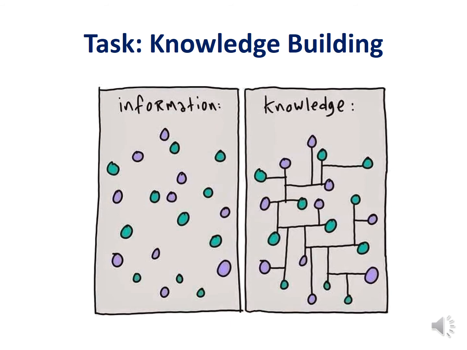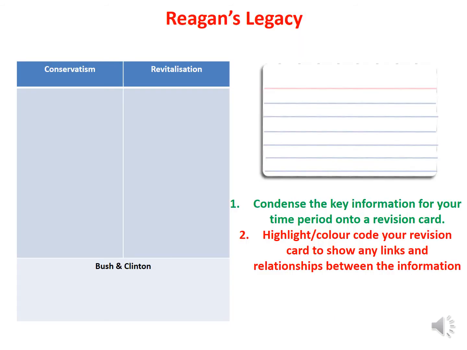And first of all, I'd like you to look at Reagan's legacy. I'd like you to try and condense some information into a post-it note or revision card on conservatism, revitalization, and the legacy left for President Bush and President Clinton.